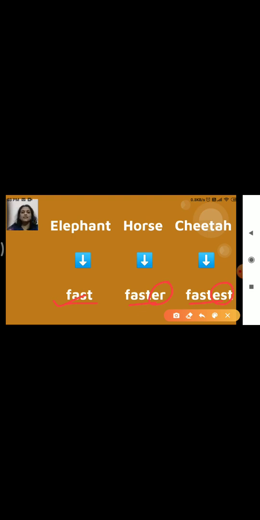So fast, faster, fastest. We got new words. The main word was fast, then came faster, and then fastest. So these three words we got. Now what are they?